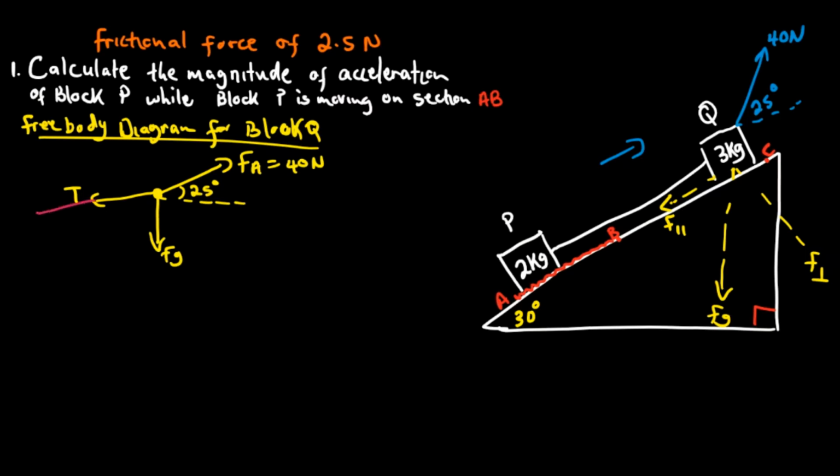So we have 1, 2, 3, 4 forces acting plus the normal, which is perpendicular to the surface. These are the forces acting on block Q. But what's important is the force parallel, the tension, and the force applied, but in a horizontal direction. So we need to include this force applied but in a horizontal direction.